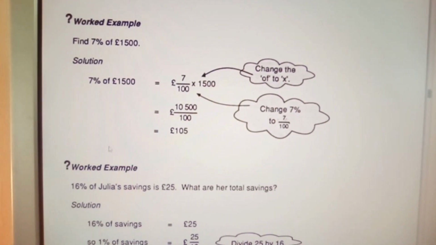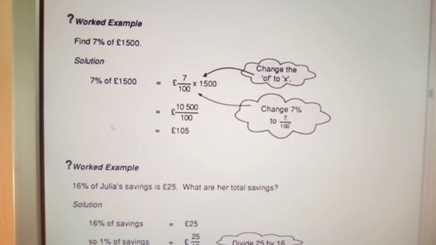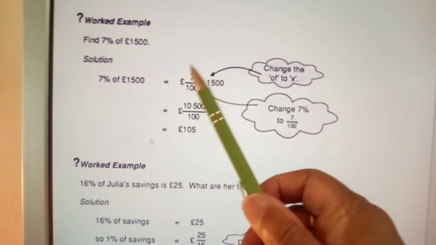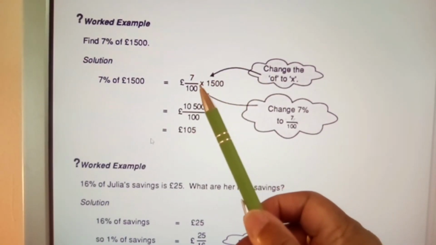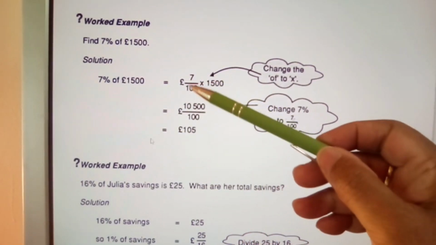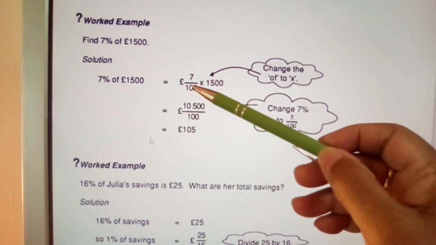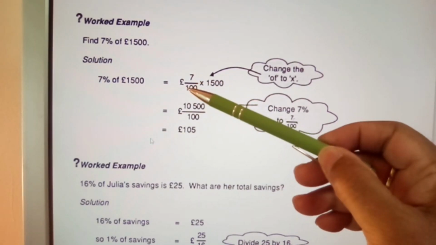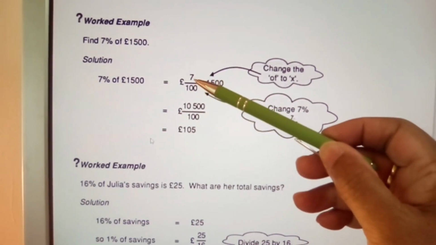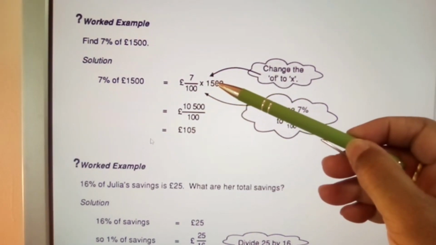We have two options here, right? One option is we can multiply 7 by 1,500 and divide by 100, or we can convert this 7 100ths to a decimal and then multiply that decimal by 1,500.